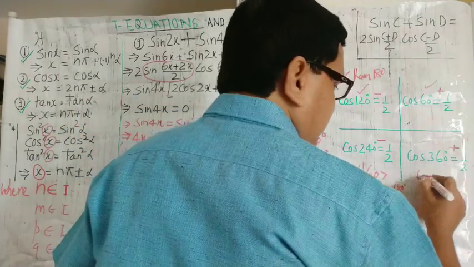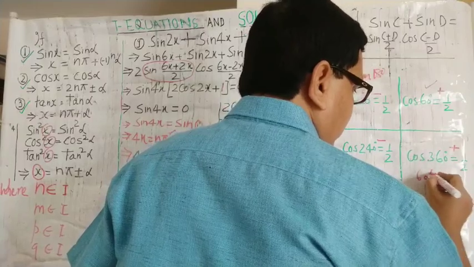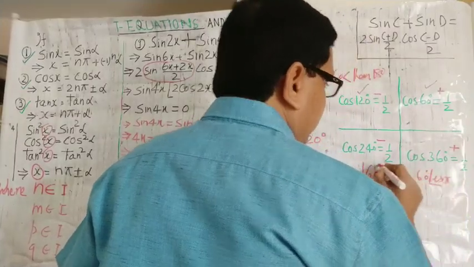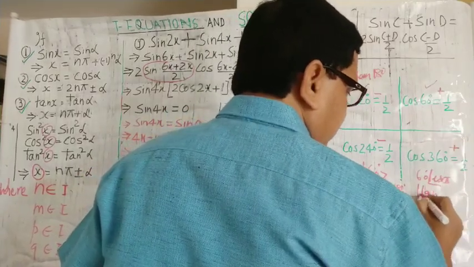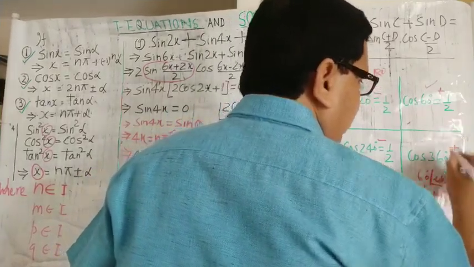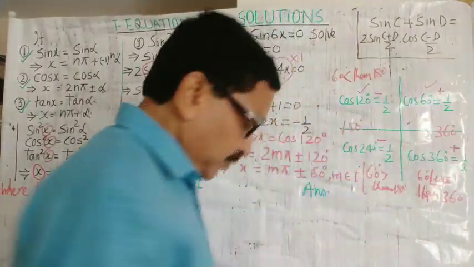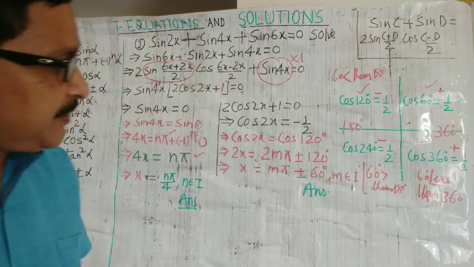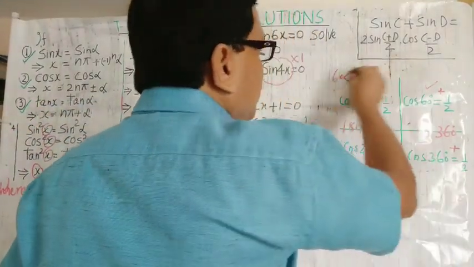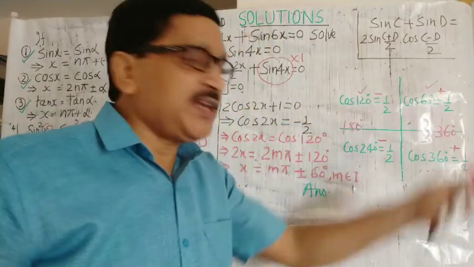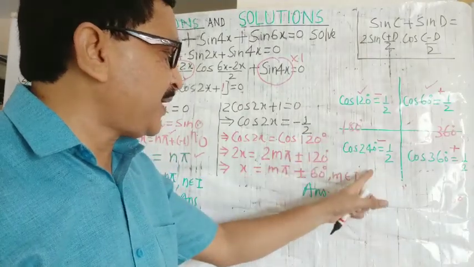Again, 60 degree less than 360 degree. This is the line of 360, this is the line of 180. So there is no need to write all these unnecessarily. It is self-understood that if 60 is selected in this quadrant, it is 180 minus 60, 180 plus 60.